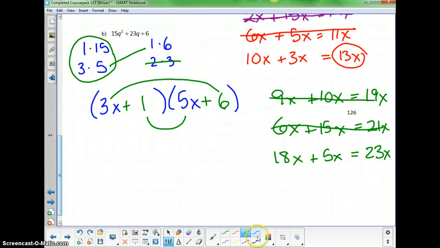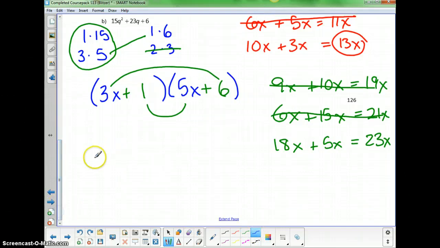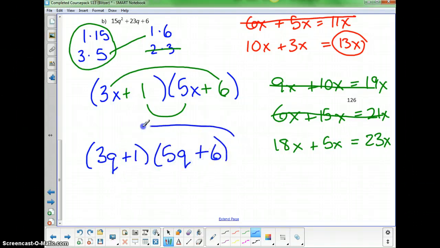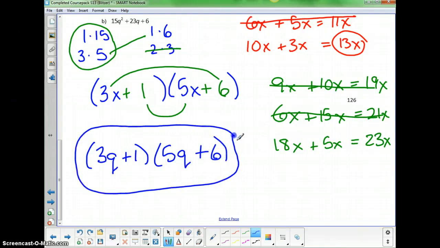So my answer, I'm going to make sure I use my q's this time, is 3q plus 1 times 5q plus 6. That's the set that worked, because when I multiply it together, 3q times 5q is 15q squared. Then I've got 18q plus 5q for 23q in the middle, and finally 1 times 6 is 6.